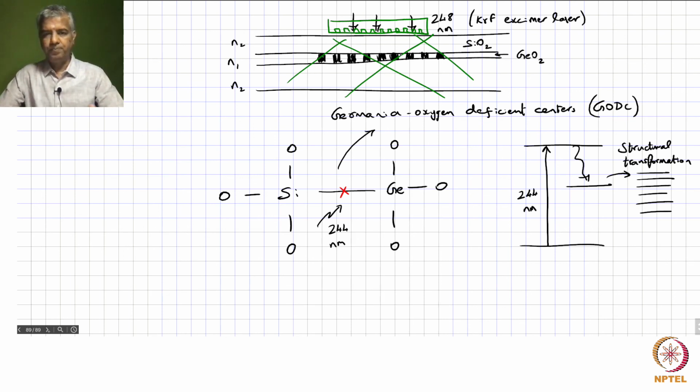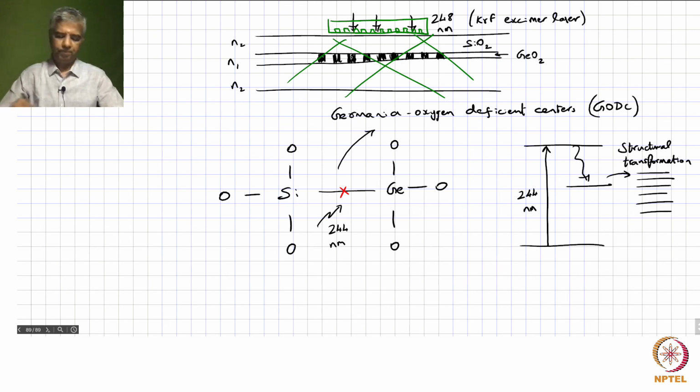So this is typically the way you make a fiber Bragg grating, and the longer the exposure, the more will be this refractive index change.